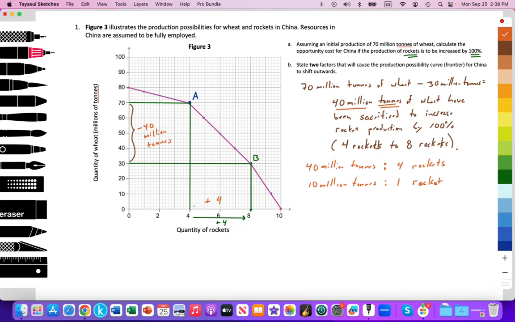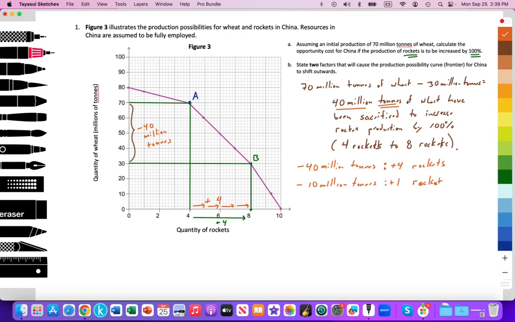So to go from 4 to 5, we've sacrificed 10 million tons, and then from 5 to 6, 10 million tons, and then from 6 to 7, another 10 million tons, and then from 7 to 8, another 10 million tons. So in total, we get 40 million tons lost, opportunity cost, to generate 4 rockets, or for each additional rocket we produce, we've lost 10 million tons. Negative 40 to gain an additional 4. So we've answered that question.